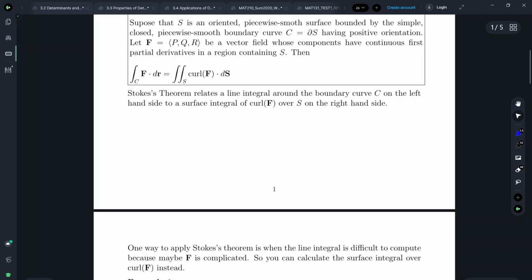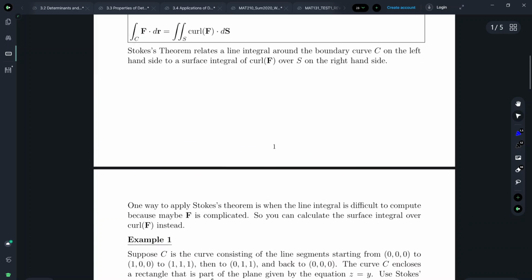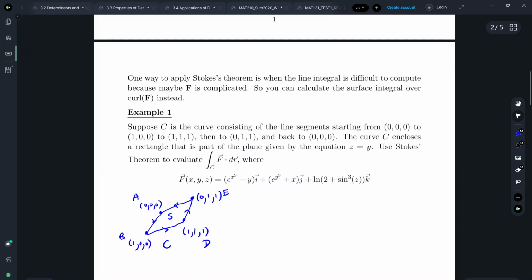Okay, so the first thing to set up the surface integral is to describe the surface S. In this example, because the curve C is this slanted rectangular region that connects these 4 points, we can take the surface S to be the rectangular region that's inside C. And in this problem, it's already described that the rectangle is part of the plane given by the equation z equals y.